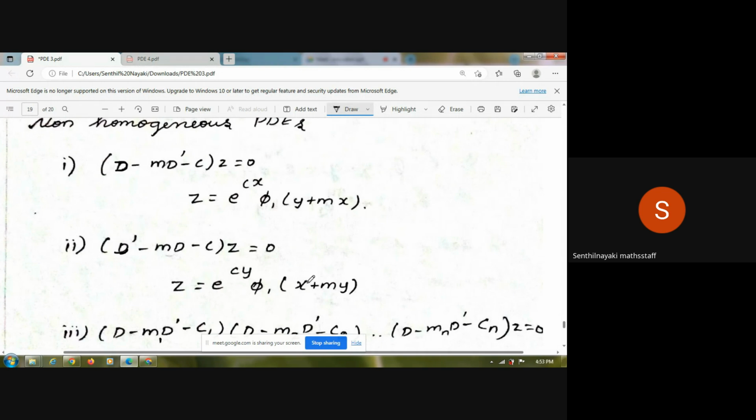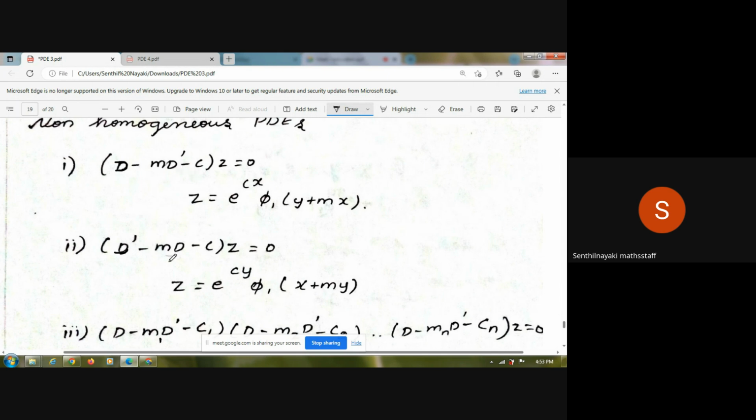But here if d is the first term, then the CF becomes pi 1 of y plus mx. We have to keep this in mind for writing the complementary function. So d minus m d dash minus c into z equal to 0, but here d dash minus md minus c into z equal to 0.